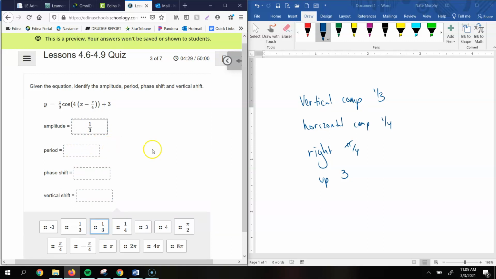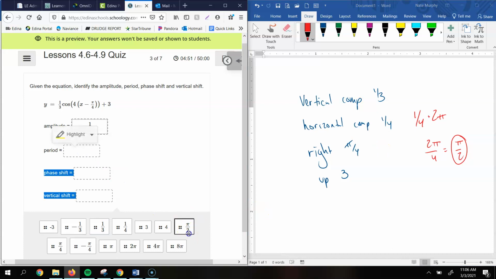So the period, remember the period, we get that from what's happening horizontally as far as it's going to be stretching or shrinking. And so it's going to be 1/4 the size horizontally. Well, remember, 1 period typically would be 2 pi. So if I take 1/4 of 2 pi, I would get 2 pi over 4, which reduces to pi over 2. So that would be my period, pi over 2 radians.